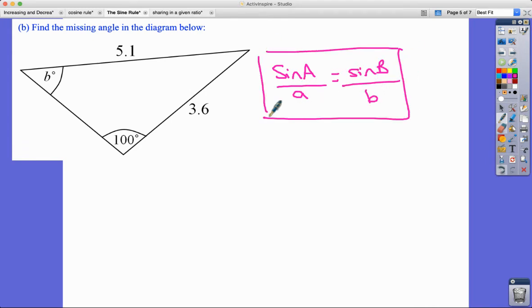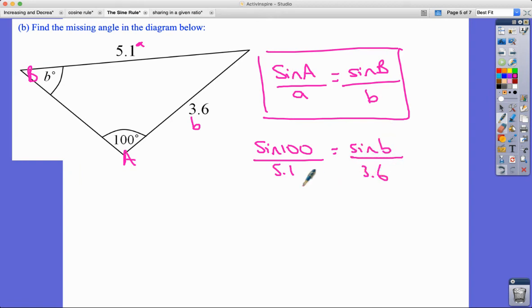Okay, there we go. So we've got a, small a, b, small b, trying to find B. Perhaps I should have done it the other way around. It doesn't really matter. So sine 100 over 5.1 equals sine B over 3.6. First thing I want to do is get the sine B on its own. So I'm going to multiply both sides by 3.6.